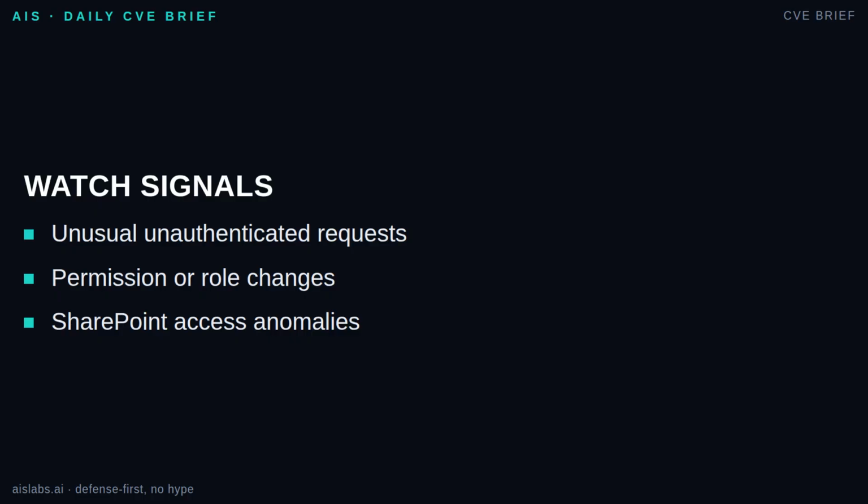Establish what normal looks like: typical source networks, expected user groups, standard service accounts, and ordinary request volumes. Then look for deviations around vulnerable systems. Also review failed access attempts, followed by unusual successful activity, spikes in requests to SharePoint from untrusted locations, and any changes to site permissions or content access that cannot be tied to approved administration.